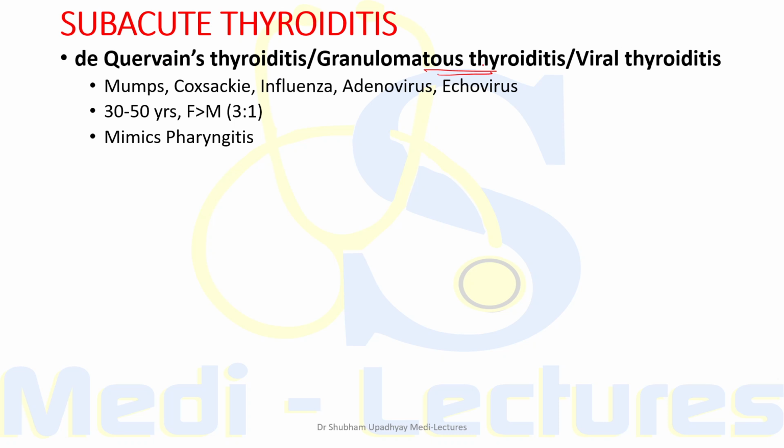Which viruses are implicated in the causation of this subacute thyroiditis? These include mumps, Coxsackie, influenza, adenovirus, and echovirus. But identification of the virus in etiology will not affect the management of this condition. Most commonly a question is asked: which of the following viruses can lead to viral thyroiditis except?